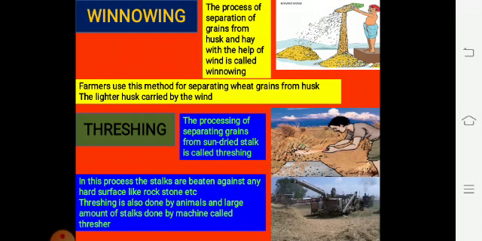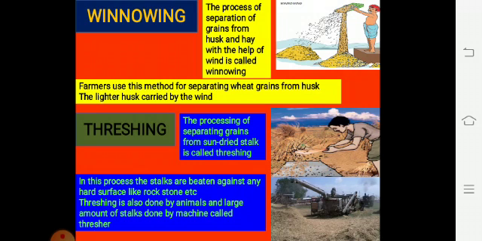Next is threshing, the other separating method. The process of separating grains from sun-dried stalks is called threshing.